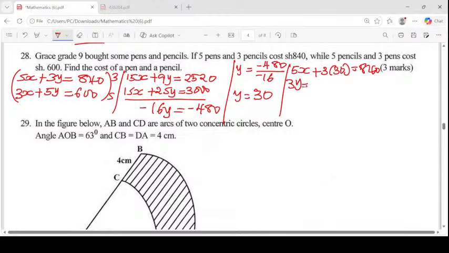So 3y will be 840 minus 90. When you take 840 you less 90, you get 750. When you divide by 3, you get y is equals to 250.